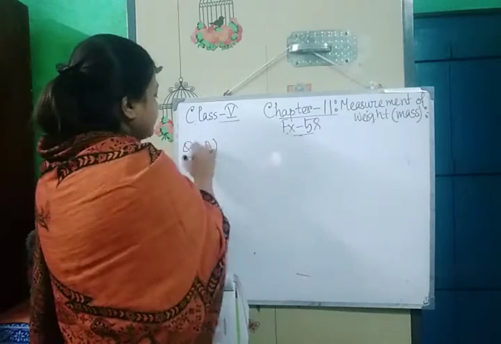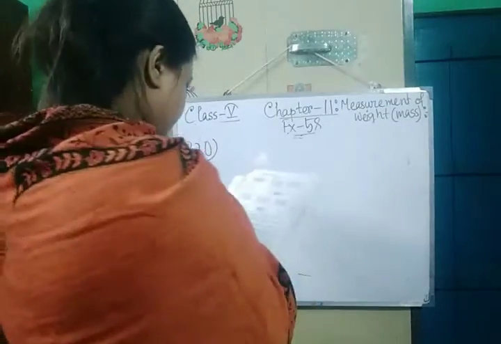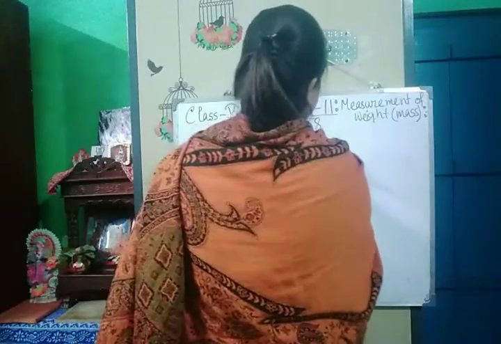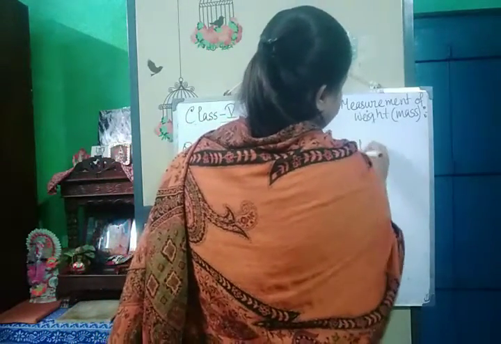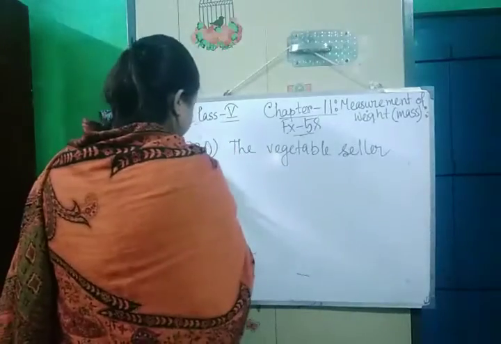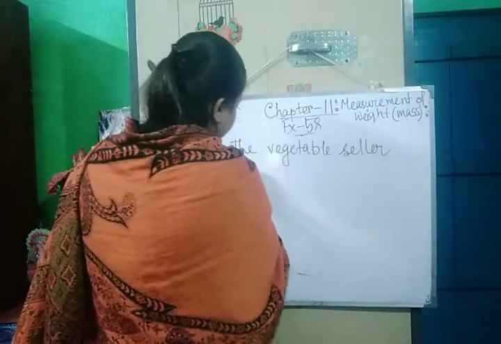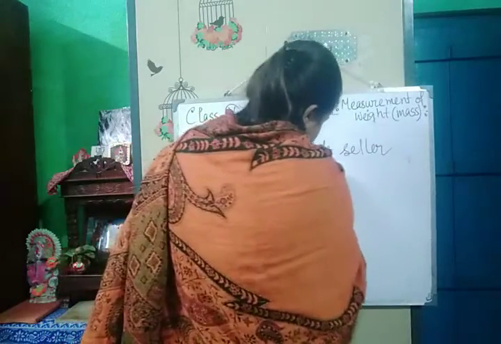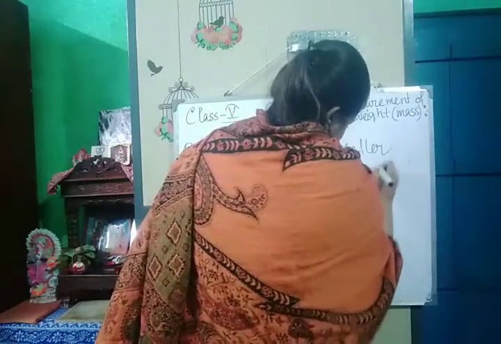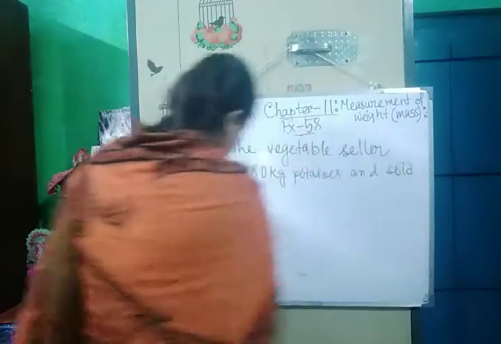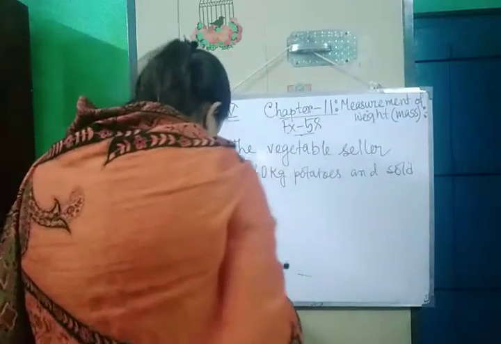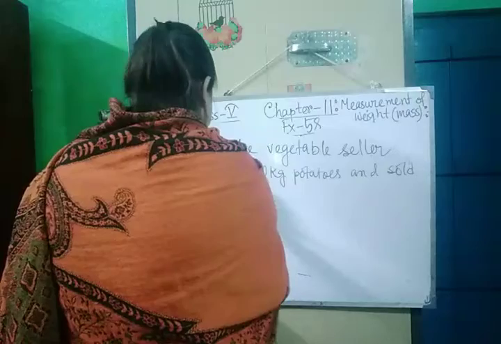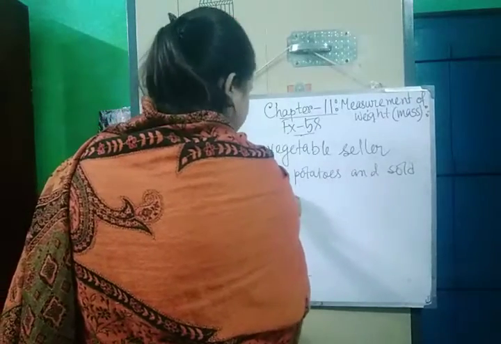So what will we write? The vegetable seller bought 80 kg potatoes and sold 62.895 kg.